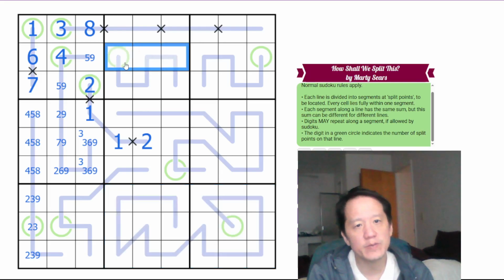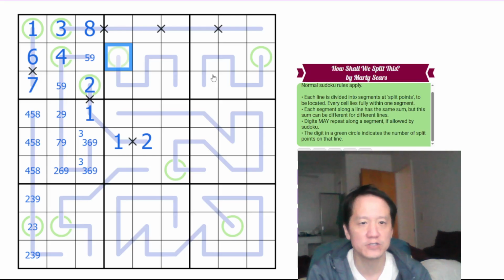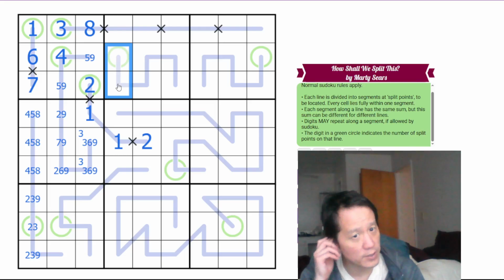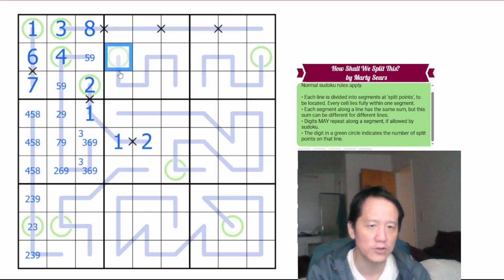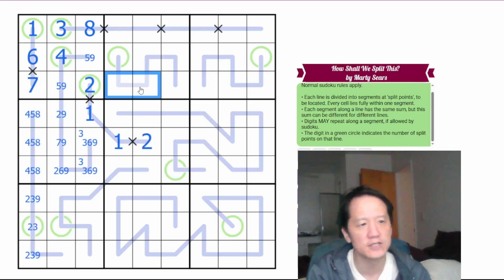What are the minimums here for these split points? It could be 1, obviously. Actually, what are the possible values, I should say? It could be 1, it could be 2, because you could have 2 digits adding up each time. Or you could have 3, right? Because you could still have 1 digit adding up. No, you can't have 3.